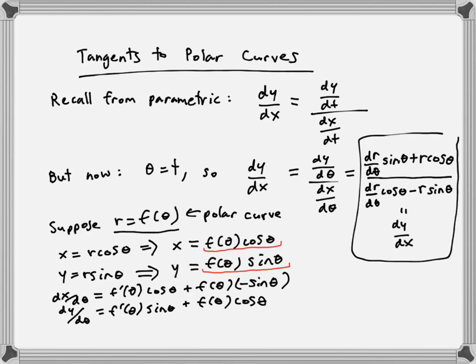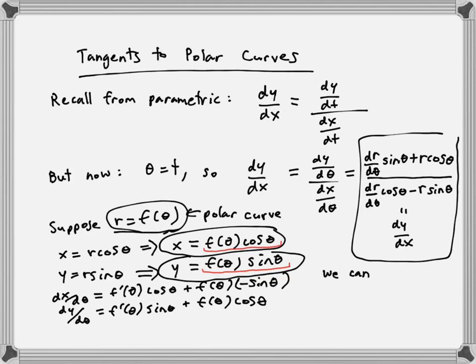Now, I would not memorize this if I were you. There are just too many formulas to memorize. All you need to remember is this relationship: x is r cos theta and y is r sine theta. You've got your polar curve, and then just use the product rule. You do not need to memorize that formula.